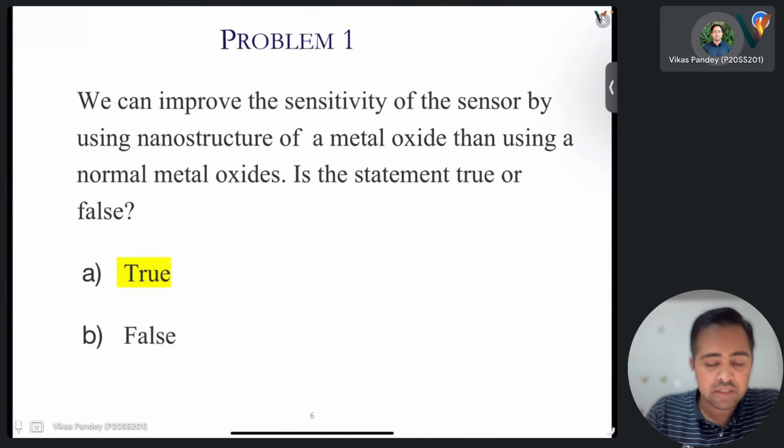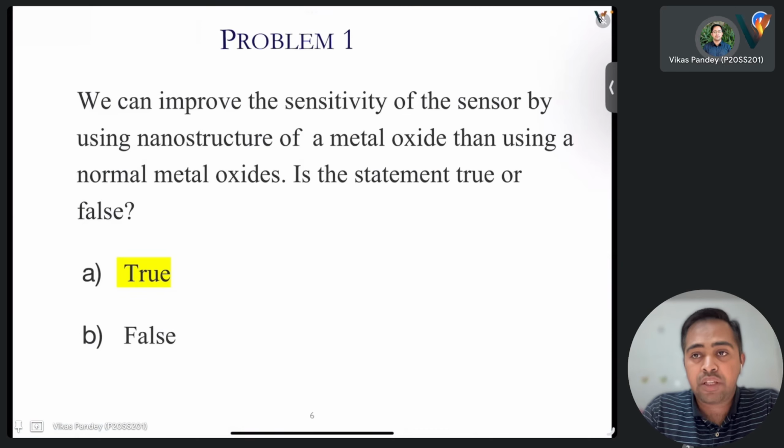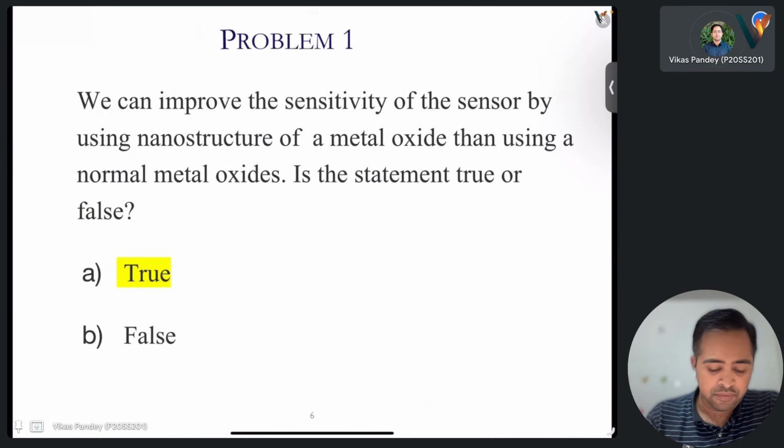That is why we can say this statement is true: having nanostructures will actually increase the sensitivity of a sensor.